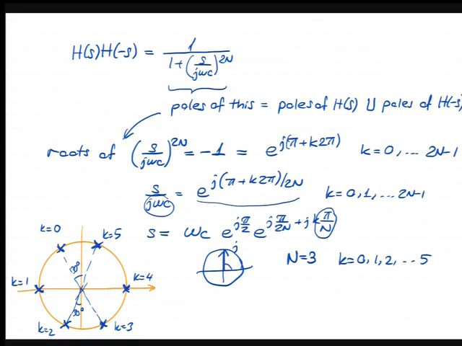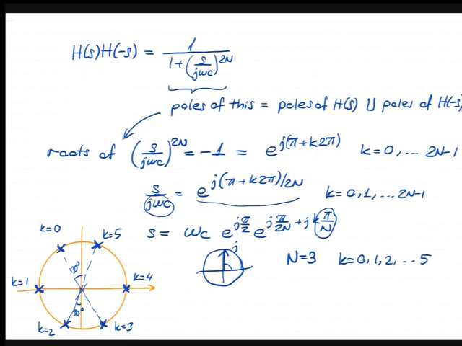Not all of these 6 poles, of course, belong to h of s. Only 3 of them do. And it's up to us to choose which 3, subject to the constraint that I'm going to actually have to implement this, and I want it to be stable. So which 3 should belong to h of s? The left ones, right? That's our stability condition.